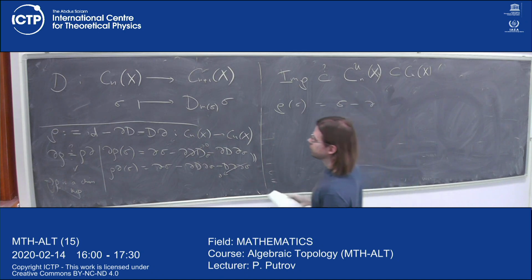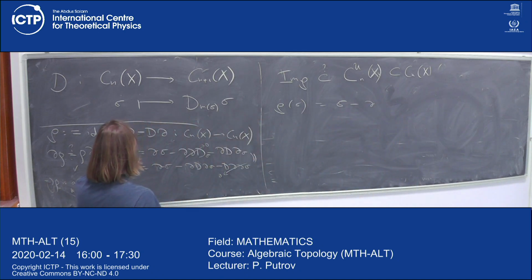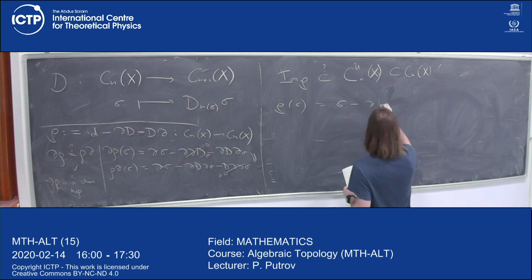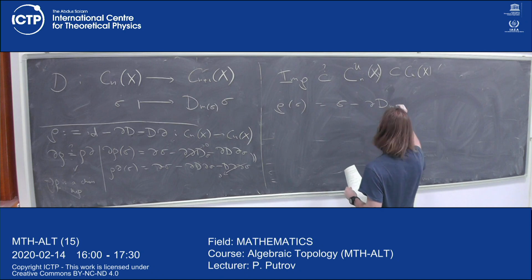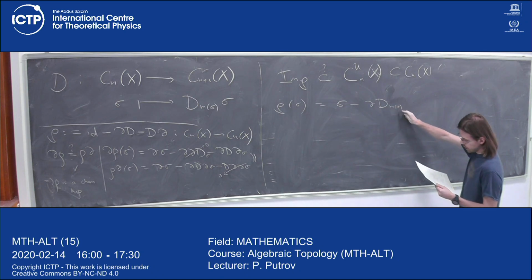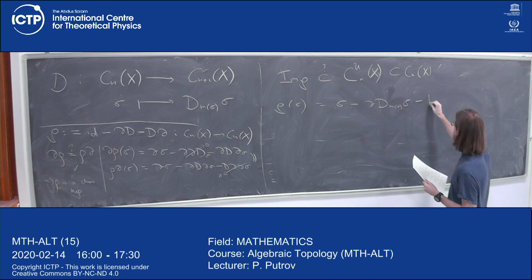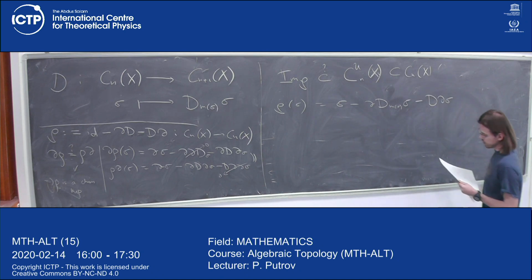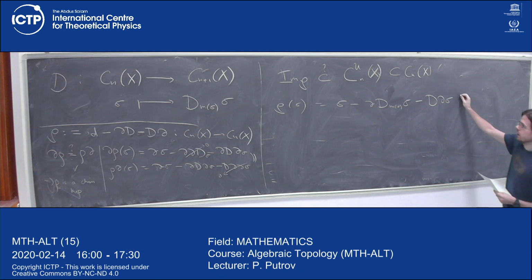d. Well, now I can use the explicit formula for this big D. We know that for a particular sigma we need to replace the d by d_m of sigma.